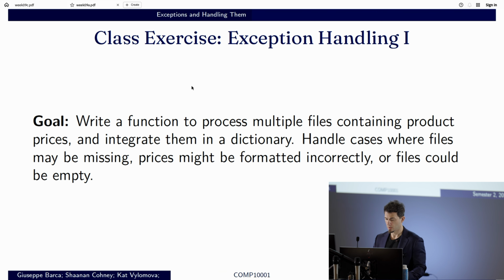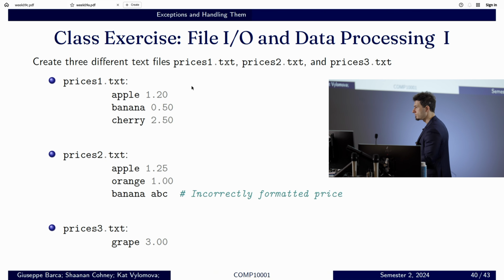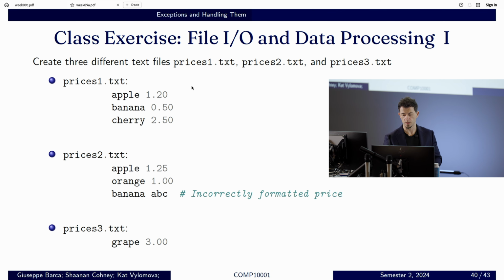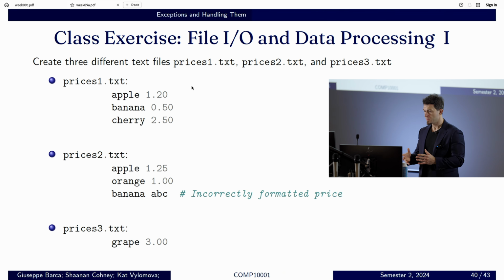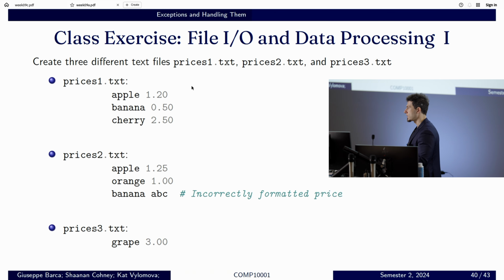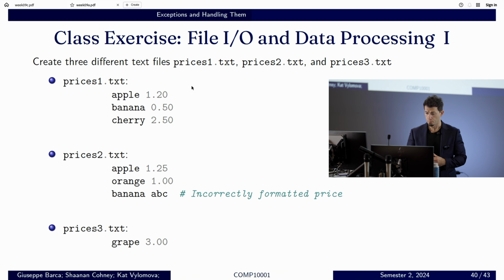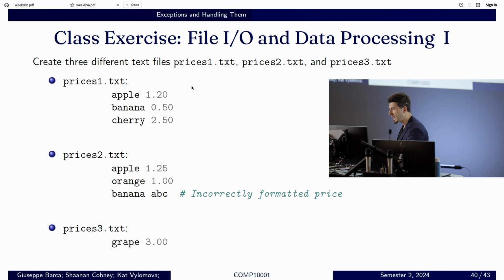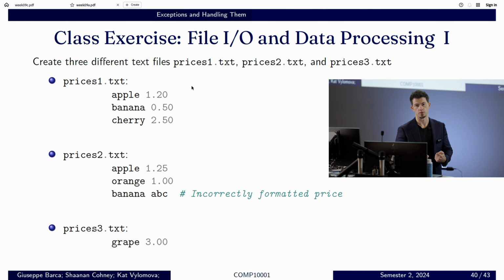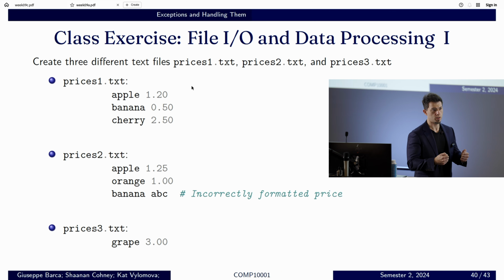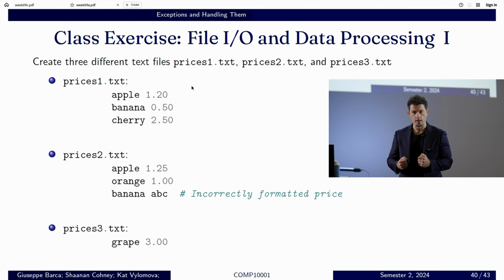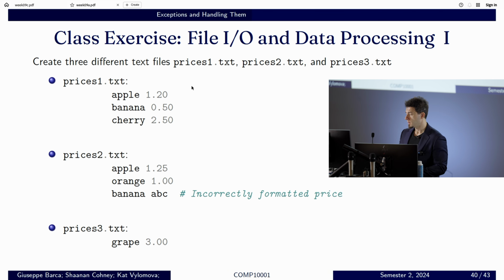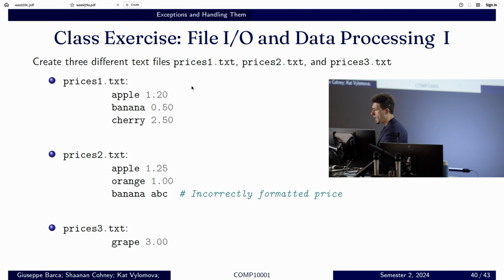Well, first of all, as usual, we need to look at our inputs. In this case, our inputs are these three files called prices 1, 2, and 3, and each one of them has these objects that are already prepared to be integrated in a dictionary, right? So the first word we can use as a key, and the second number can be used as a value.